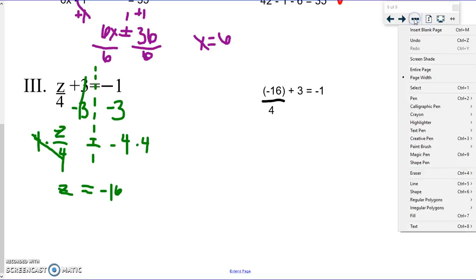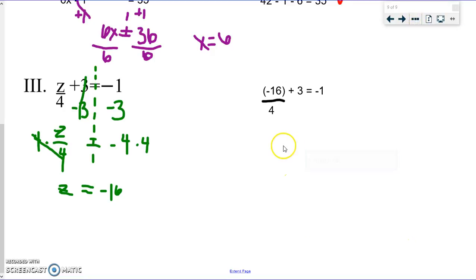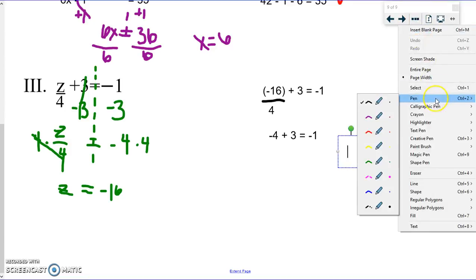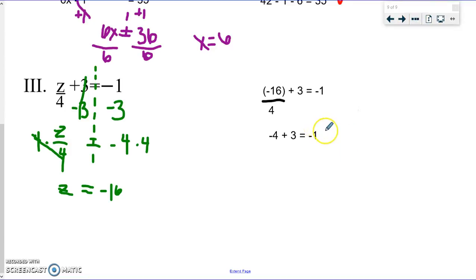Okay, so negative 16 divided by 4 is a negative 4 plus 3, it does equal negative 1. So this one checked out as well. So our solution is correct. So, like I said, it may take an extra minute, but it's worth it to know you got the answer right. So plug it back in and check your solution.